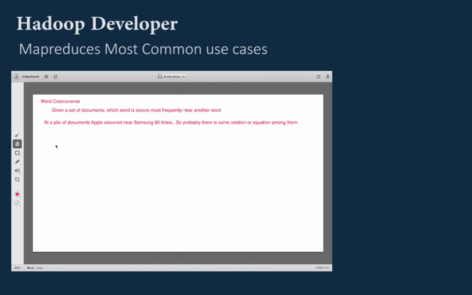It's trying to find, with this word, which is the most frequent word that's used, with this word which is the most frequent word that is used. That is called word co-occurrence.